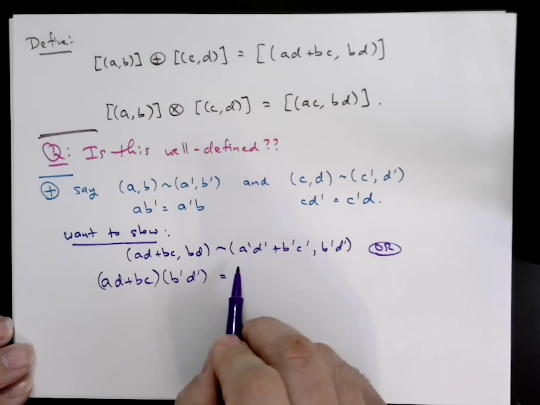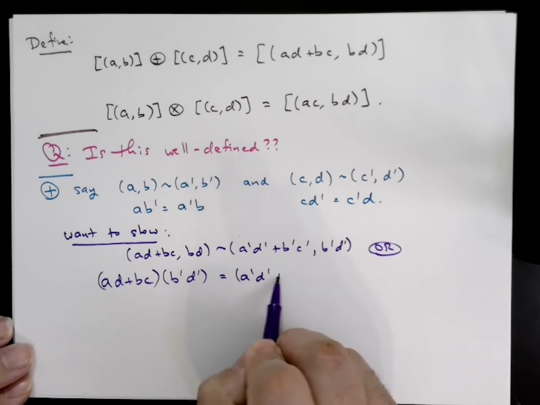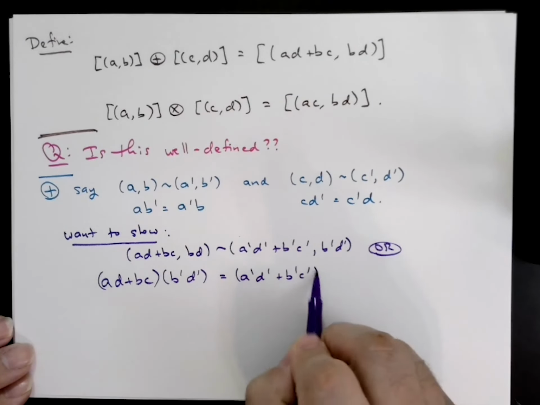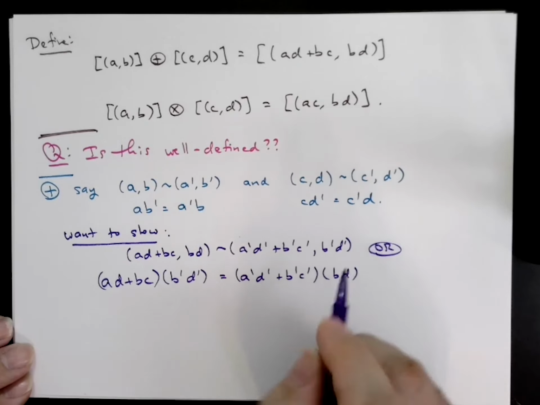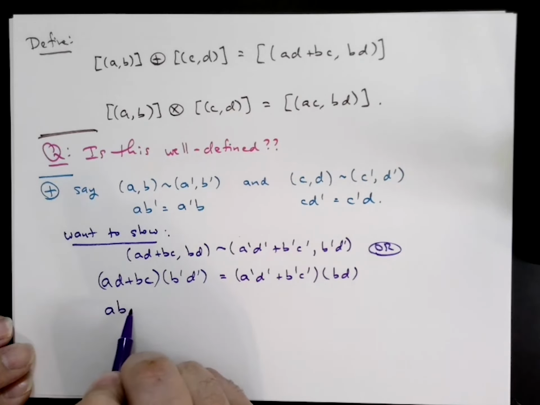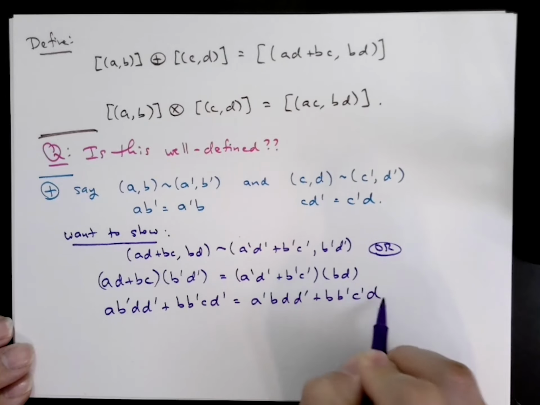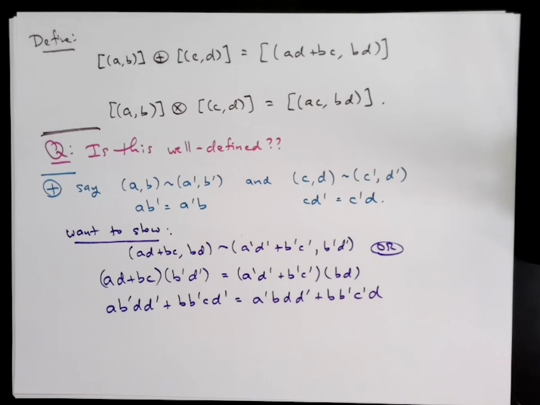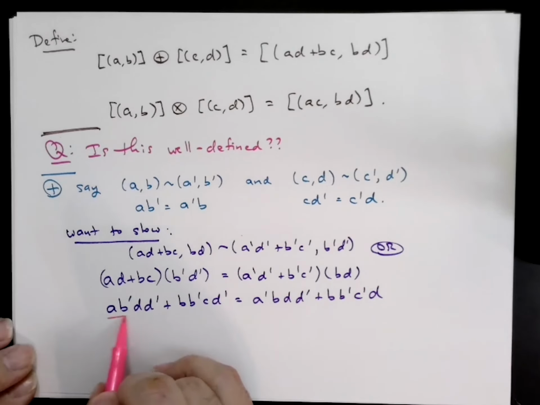Let's just multiply everything out, and we get AB'DD' plus BB'CD' equals A'BDD' plus BB'C'D. Are those equal? Well, notice if I look at the first term on each side, each of them has a DD' term, so I can ignore that, and what's left over is an AB' on one side and an A'B on the other side.